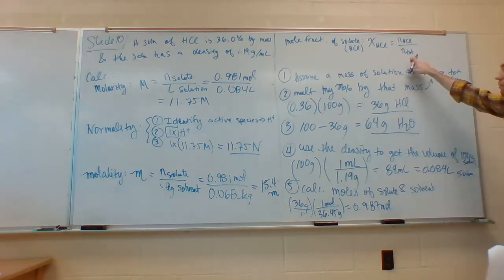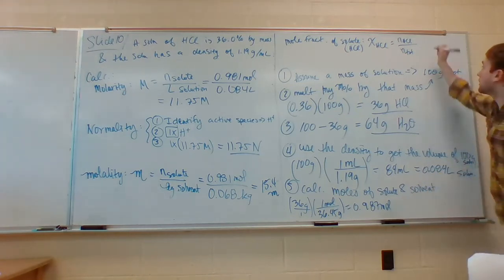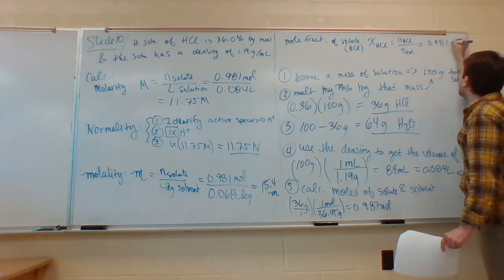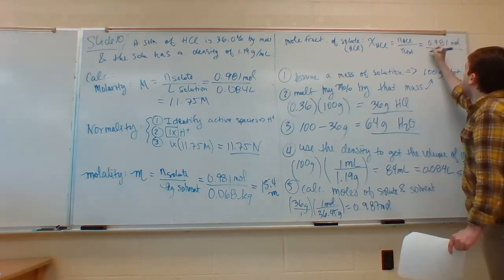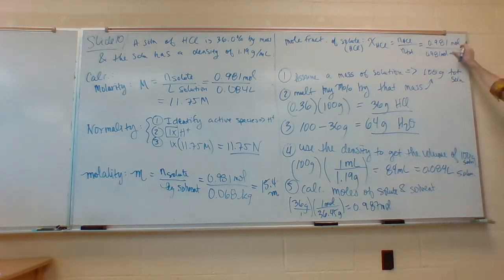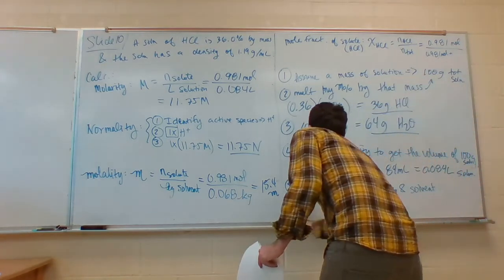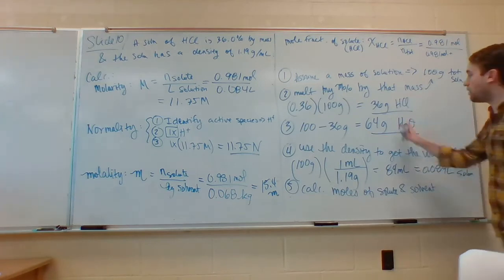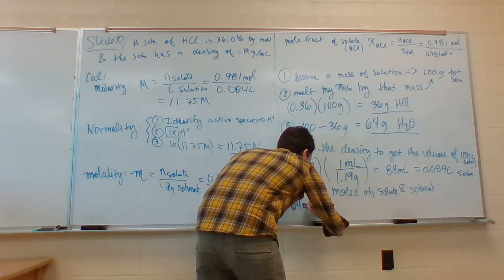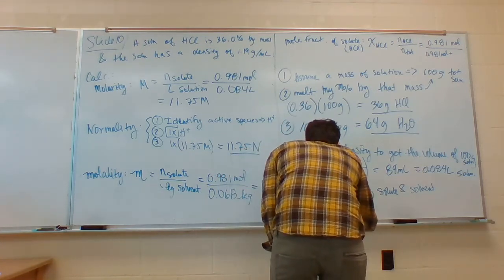Now, the last thing that we have to calculate is our mole fraction of the solute. And for that, we need our moles total. We have our moles of HCl. That was 0.981 moles. And we have 0.981 moles on the bottom, but we also need to add our moles of the water. So, we need to calculate our moles of the solvent, which is 64 grams. Our water is 18 grams per mole.